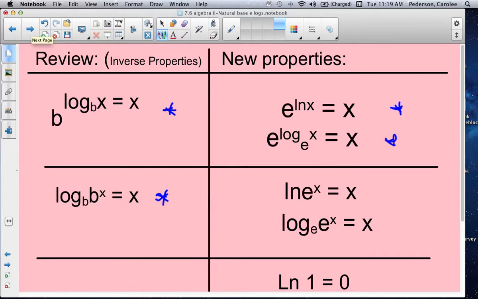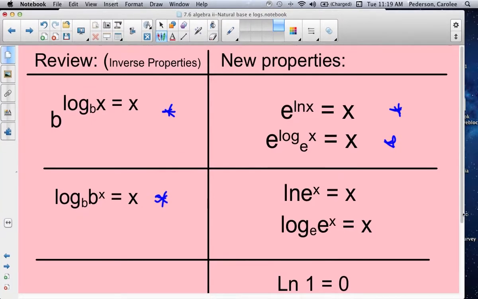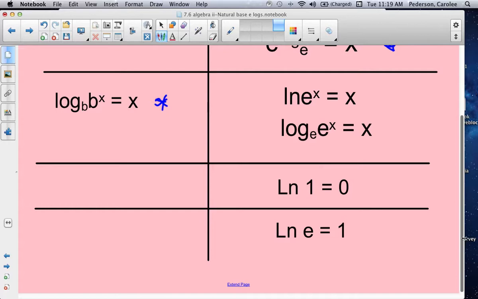Or e raised to the log base e of x. It also equals x. The next property, the natural log of e to the x and log base e of e to the x, cancel each other out, they're inverses, so you're left with just x. And then our last two, the natural log of 1 equals 0, and the natural log of e equals 1. Go ahead and pause if you need more time.